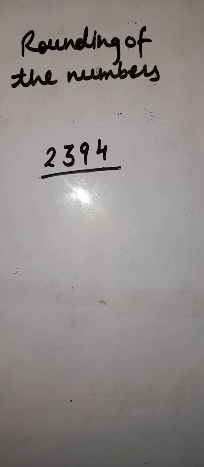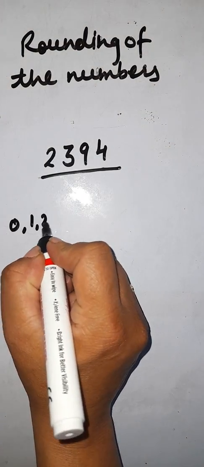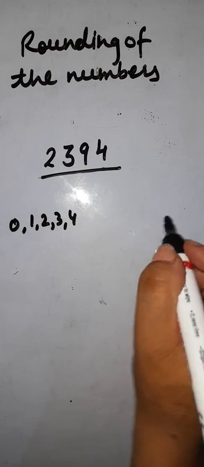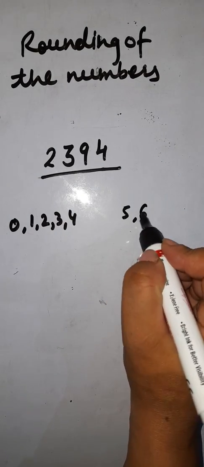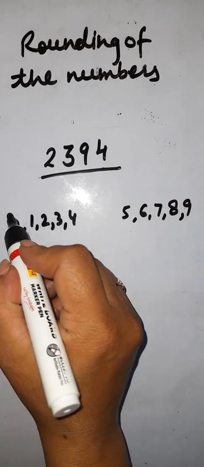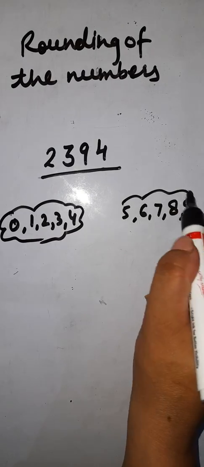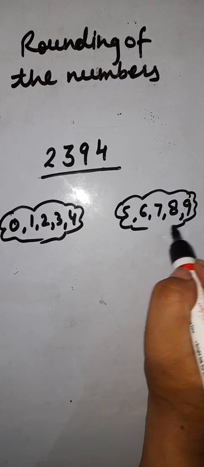Fine. So when we round off any number, we have two sets of numbers: 0, 1, 2, 3 and 4, and 5, 6, 7, 8 and 9. So these are smaller numbers in comparison to those numbers.